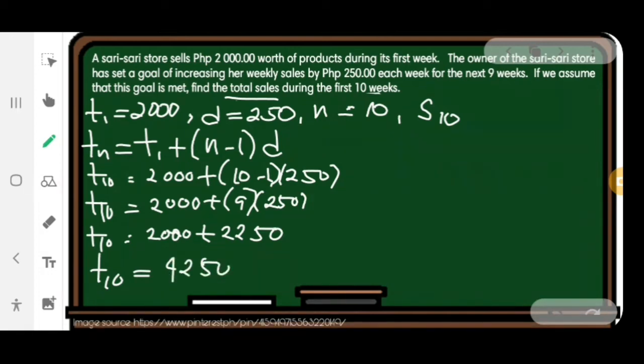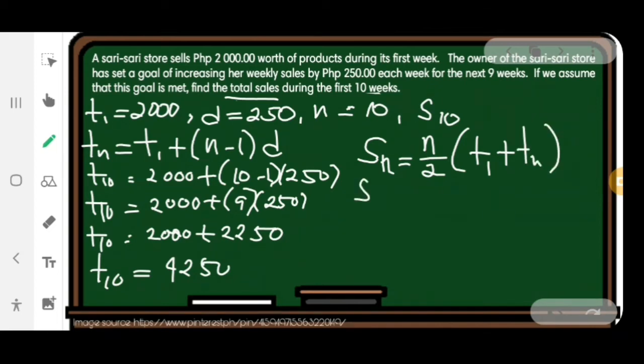So the sales during the 10th week is 4,250. Now let us get the sum of the first 10 terms, or the sales during the first 10 weeks. So we have S sub n is equal to n over 2 times t sub 1 plus t sub n. Substitute the values. So S sub 10 is equal to 10 over 2 times 2000 plus 4250.